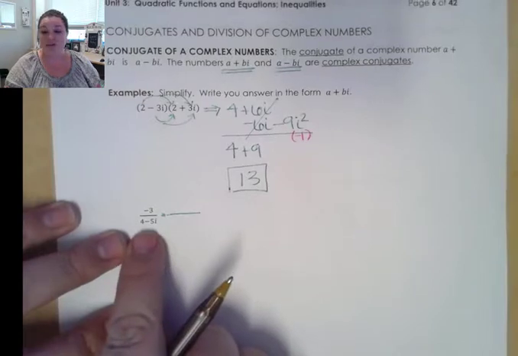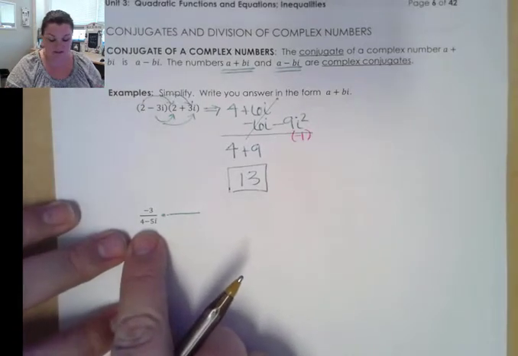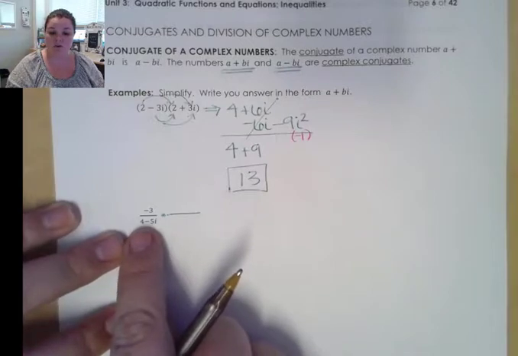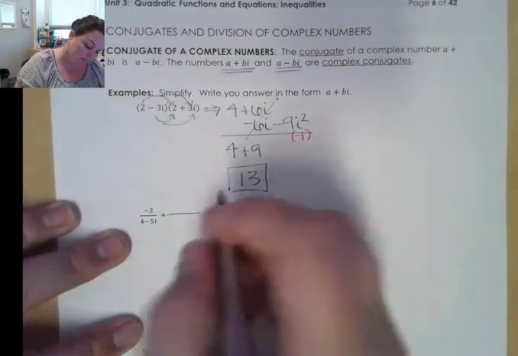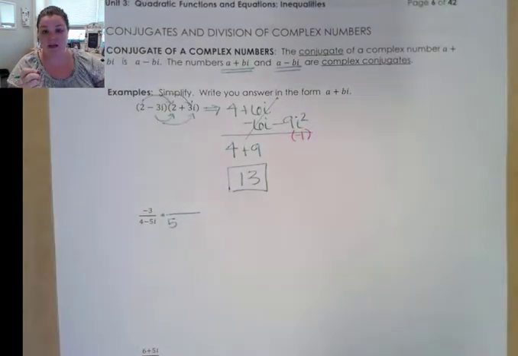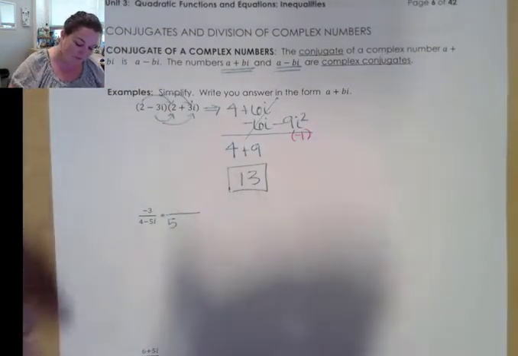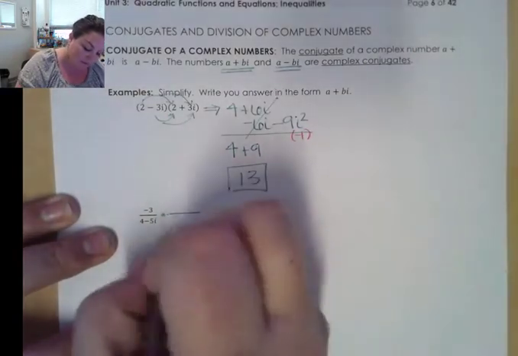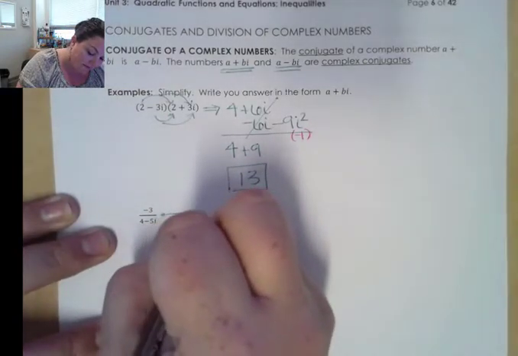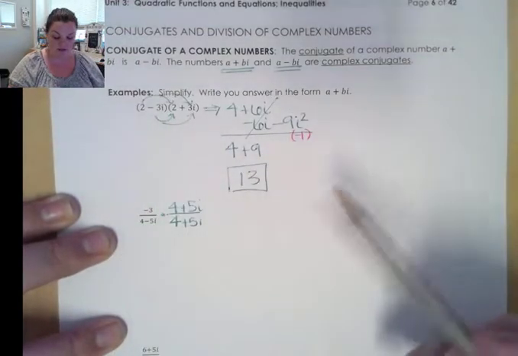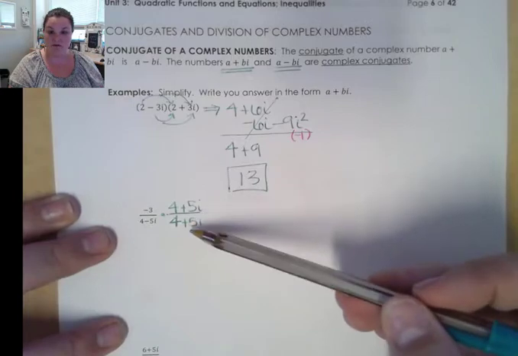Now, because we're trying to get rid of i's in the denominator, that is what I want to figure out the conjugate of. So 4 minus 5i means I need to multiply by a 4 plus 5i. And if I do it on the bottom, I've got to do it on the top so that this is a form of 1, right?